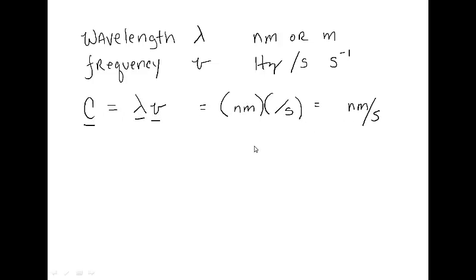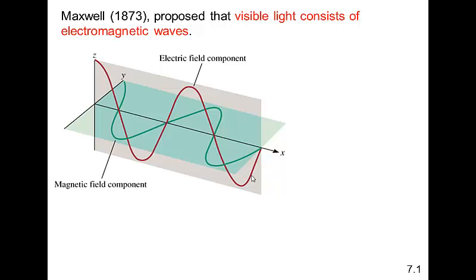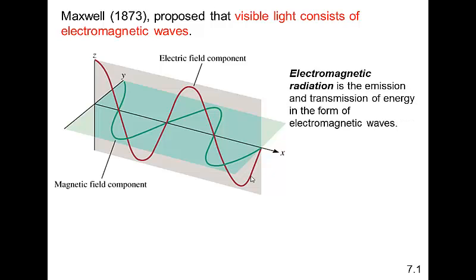These are the units. Maxwell proposed that visible light consists of electromagnetic waves. Electromagnetic radiation is the emission and transmission of energy in the form of electromagnetic waves. In other words, electromagnetic radiation are waves, are energy.